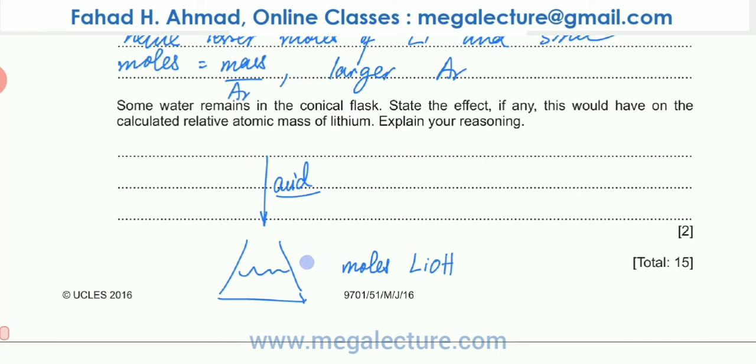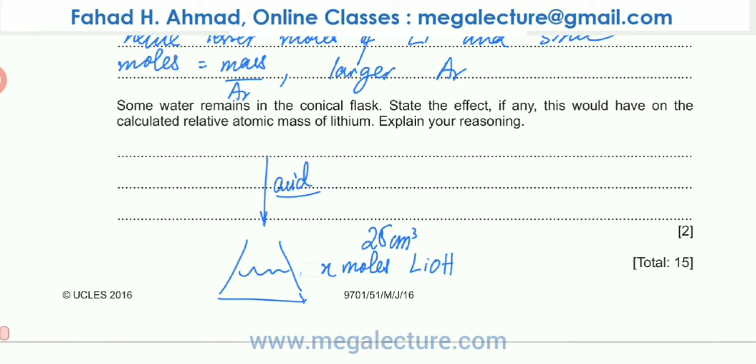If you read the question carefully, you pipetted 25 cm cube, so let's keep that as X moles. You added 25 cm cube of lithium hydroxide and you're trying to titrate it with the acid.